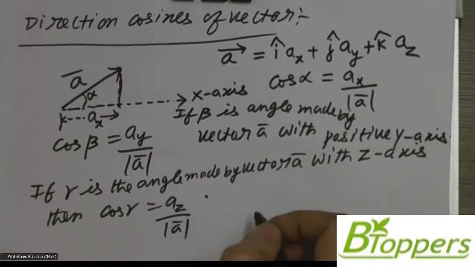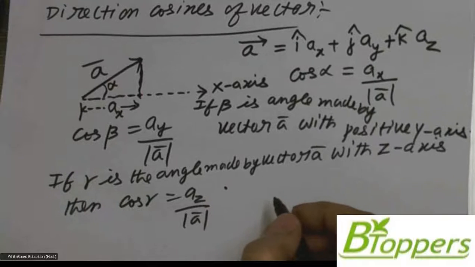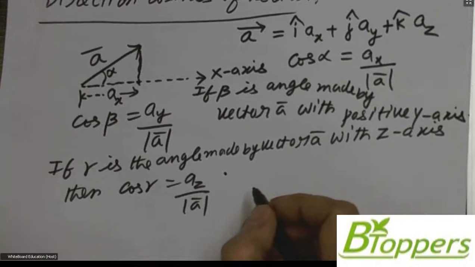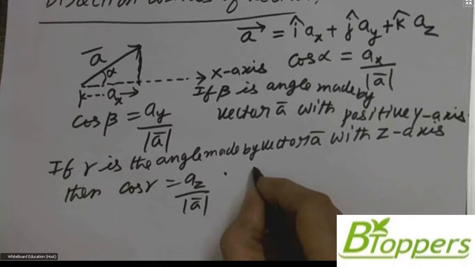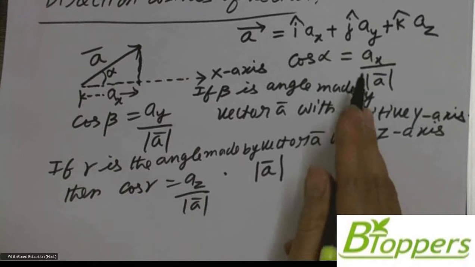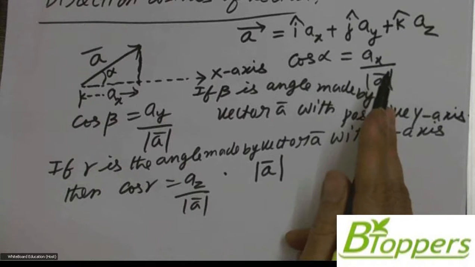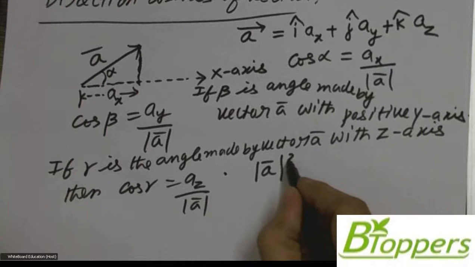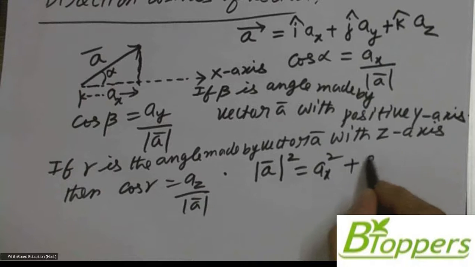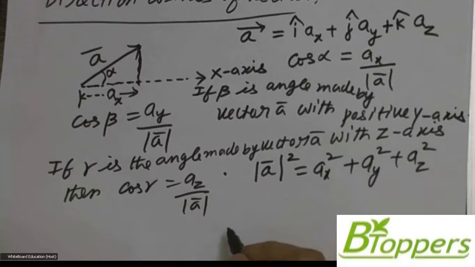Now I would like to discuss the relationship between the three direction cosines of the vector. We know that magnitude of vector A bar is root of AX square plus AY square plus AZ square. Or you can write square of the magnitude of vector A bar equal to AX square plus AY square plus AZ square.